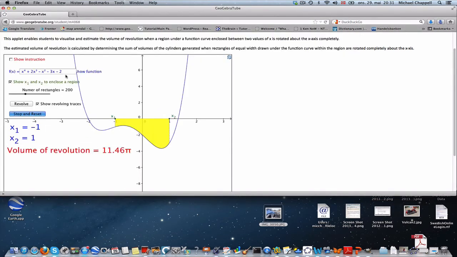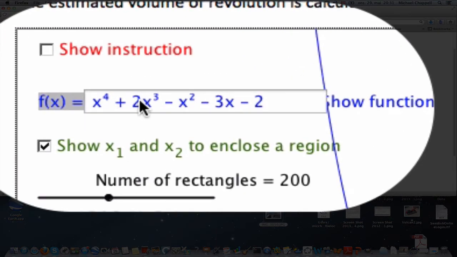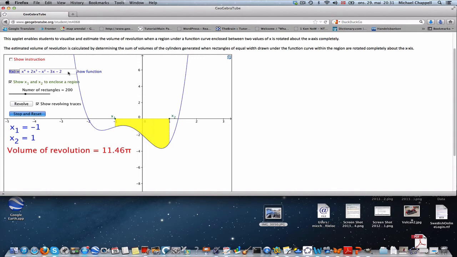Here's a particular function, x to the fourth and so on, quite a complicated one. How would you do that? Well, pi y squared dx, the integral of, and so you would have to square this. This is your y. It would take you a while, but you could do it. Then you take the integral, evaluate it between x1 and x2, and you should get that number there.